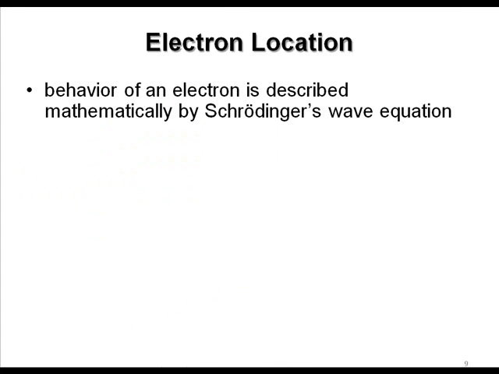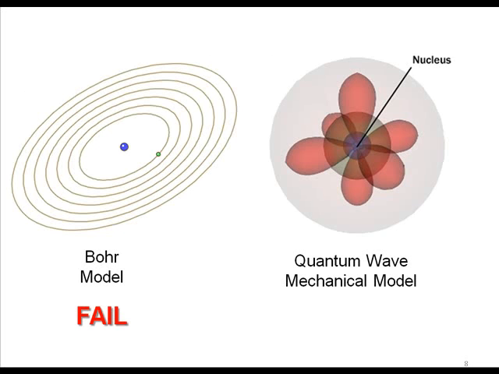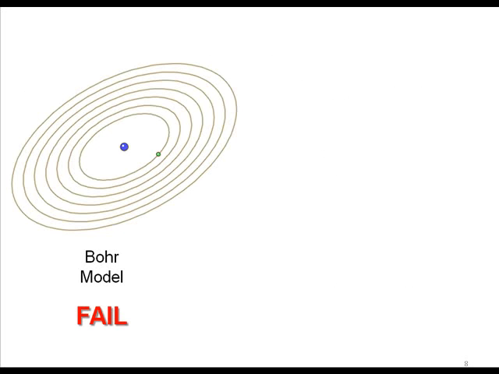In the quantum model, which was first described by Schrödinger, every electron is given a very, very specific location. Now, what that means is simply this. If you look at the Bohr model, the electrons are going around and around in shells.